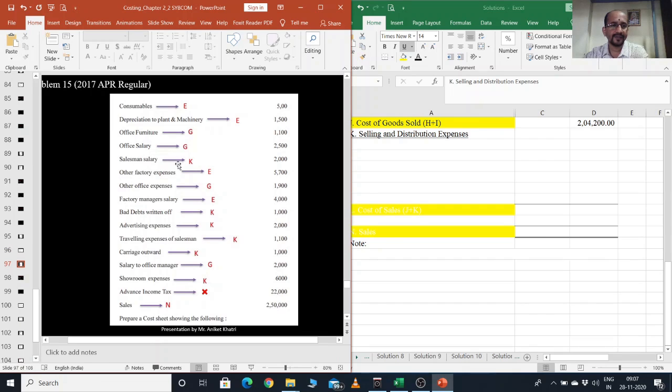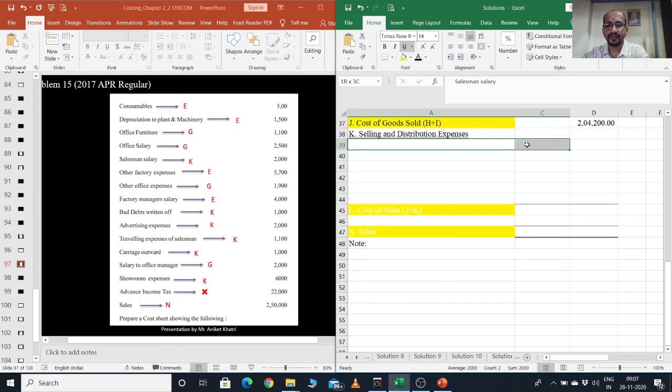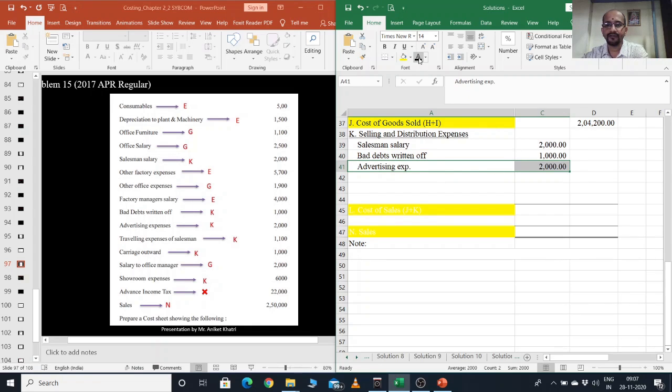Here salesman salary is the first item, 2000, right? Salesman's salary 2000. Next, it is bad debts written off 1000. Next is advertisement expenditure 2000.